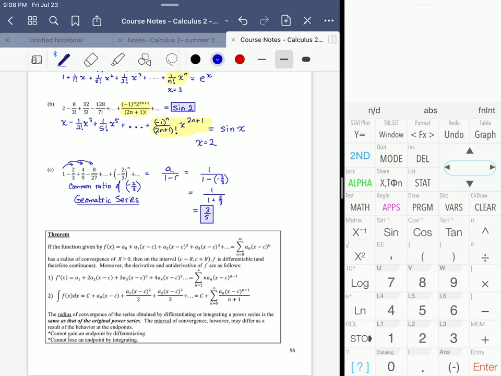But the key component is, or two components, you can't gain an endpoint by differentiating, and you can't lose an endpoint by integrating. So if it was an endpoint before you integrated, it will still be an endpoint. If it was a bracket before you integrated, it'll be a bracket after.